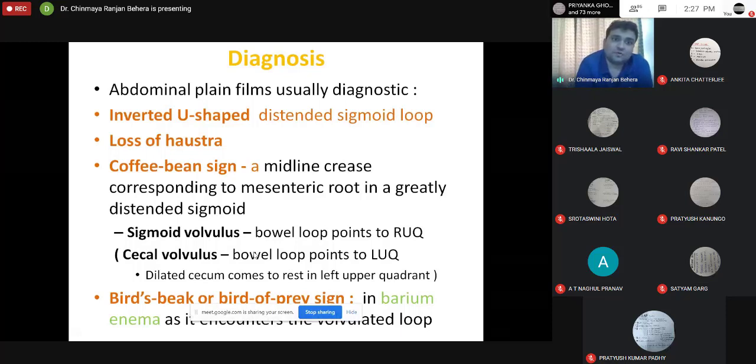So in the abdominal film, you will see the coffee bean sign. That is sigmoid volvulus, when the bowel points towards the right upper quadrant. Cecal volvulus is very rare; you will see the bowel pointing towards the left upper quadrant.